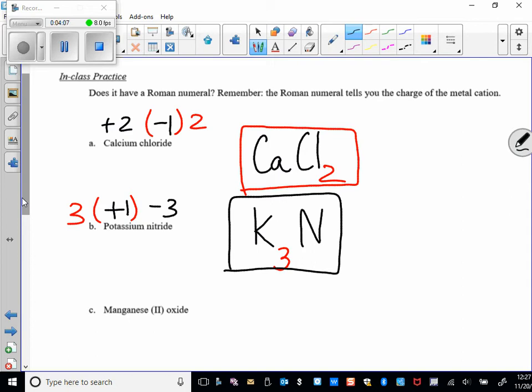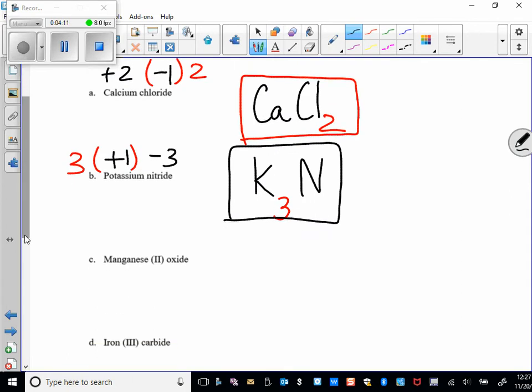Okay. Now, this is super important. Where is manganese? Is manganese a transition metal? Yes. So manganese is a transition metal. Do you have the charge of manganese listed on top?